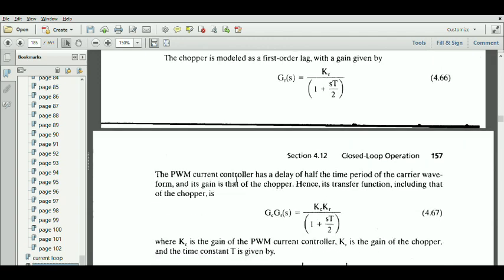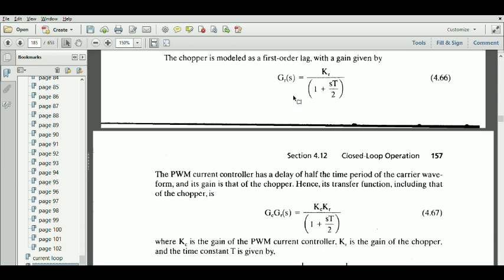So PWM current control has a delay of half the time period of the carrier waveform. That is why we have given ST by 2, and KR is the gain constant of the chopper system.